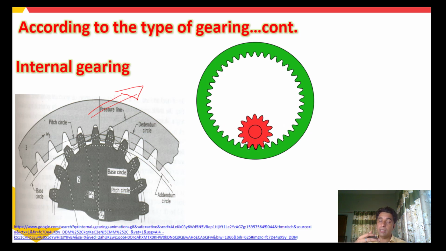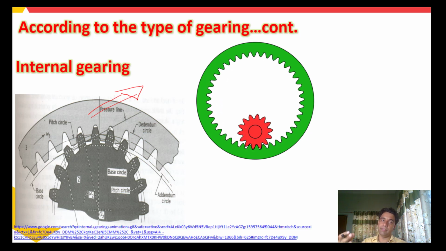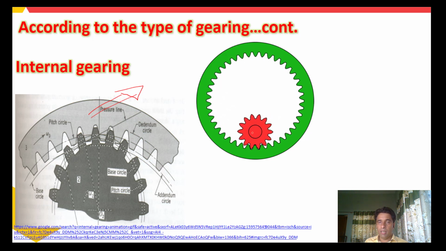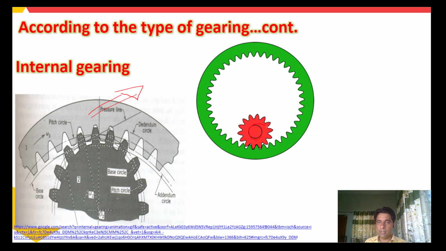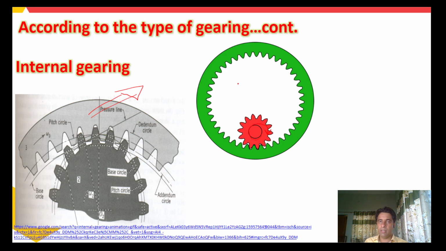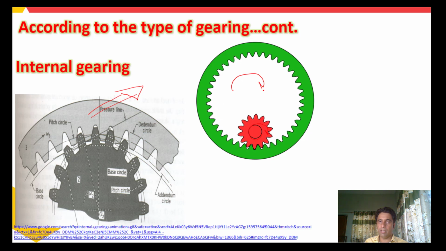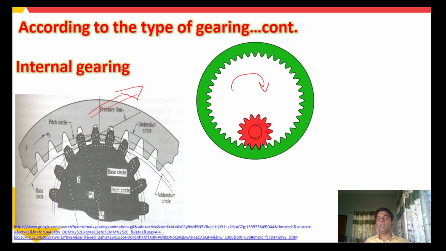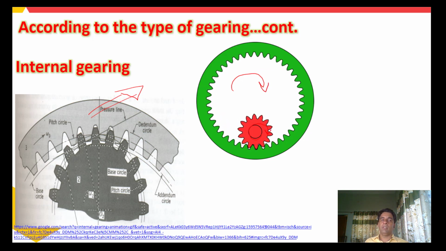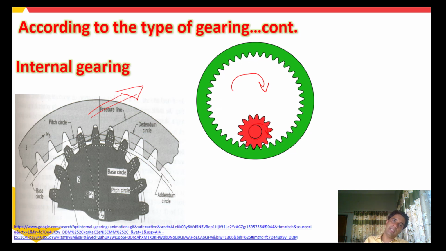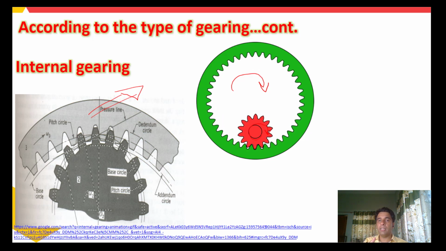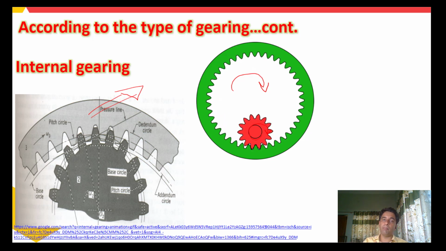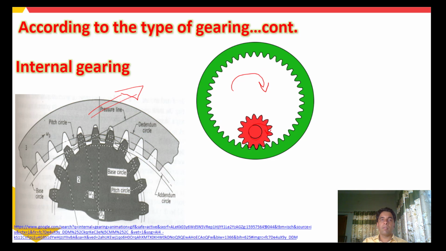In the animation also, both the gears are rotating in the same direction. Look at the sense of rotation of the gear and the sense of rotation of the annular ring. Both are in the same direction. So in internal gearing, the sense of rotation will be the same, whereas in external gearing, the sense of rotation will be opposite, as we have seen.